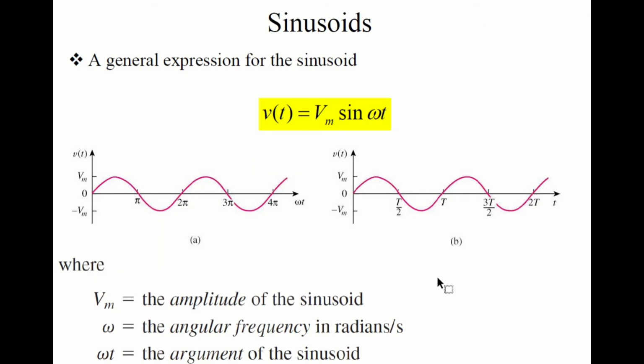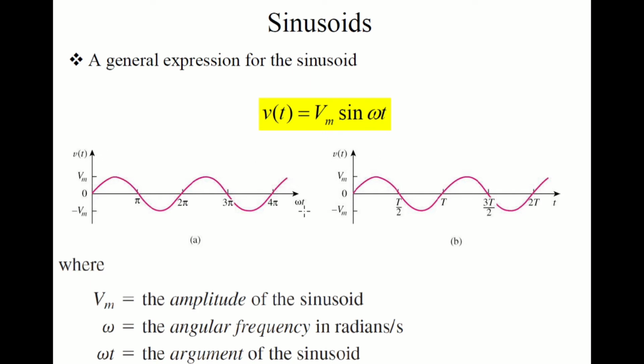So a general expression for the sinusoid is v(t) equal to Vm sine wt. Vm is the amplitude of the sinusoid. For example, if you look at this figure, the peak of the sinusoidal waveform is the Vm on the y-axis.